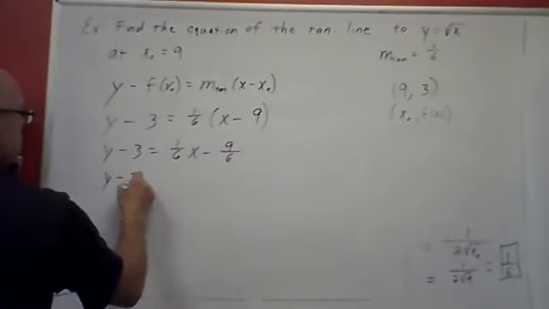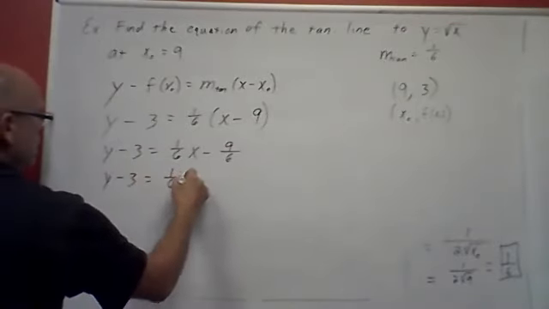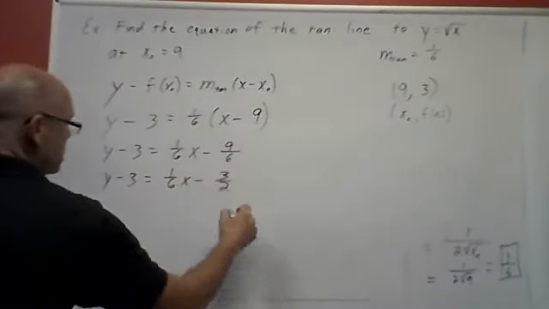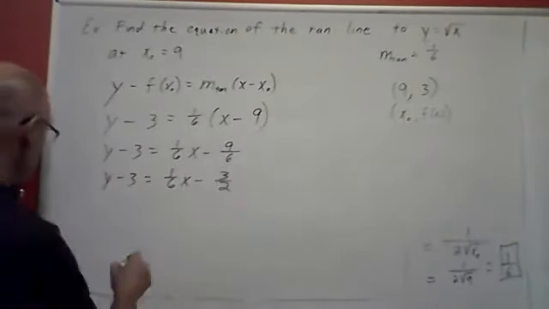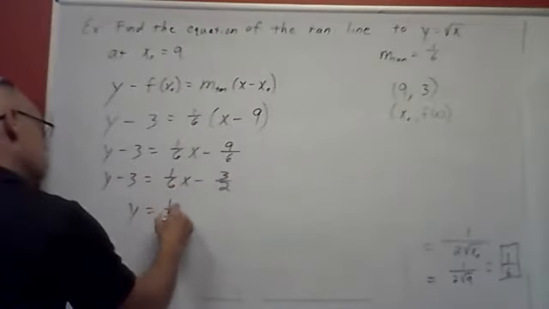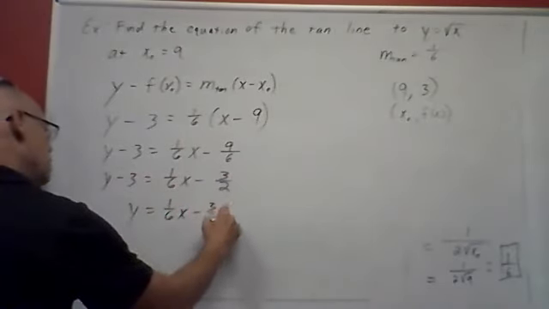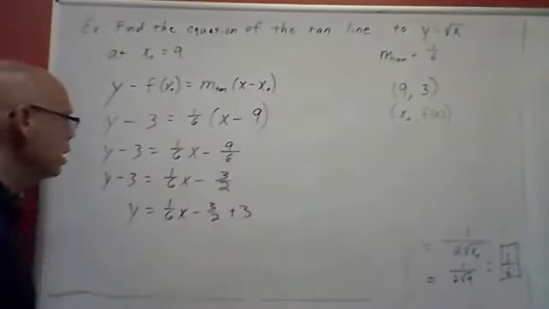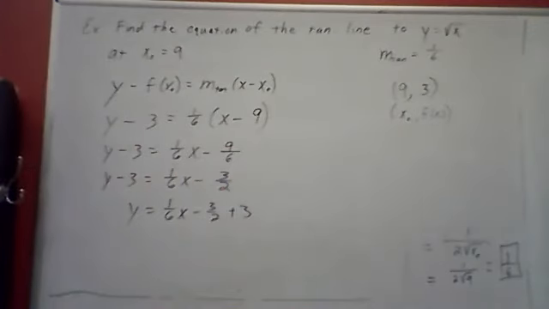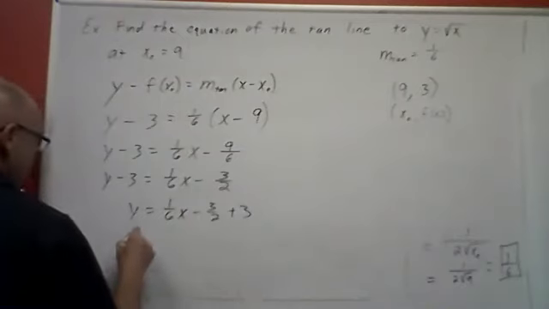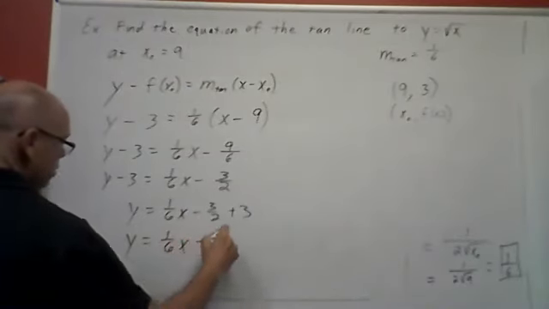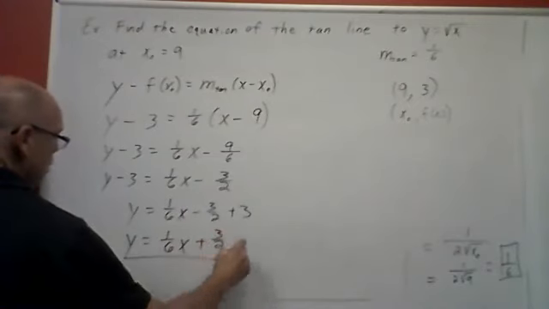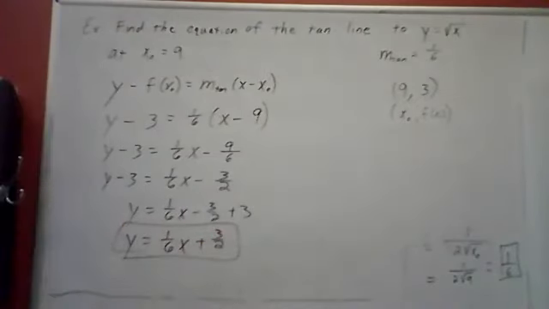So y minus 3 equals 1/6 x minus 3/2. Go ahead and add that 3 to both sides. So you get y equals 1/6 x minus 3/2 plus 3, right? But what's 3? 3 is 6/2. 6/2 plus negative 3/2 is 3/2. So y equals 1/6 x plus 3/2. There we go.